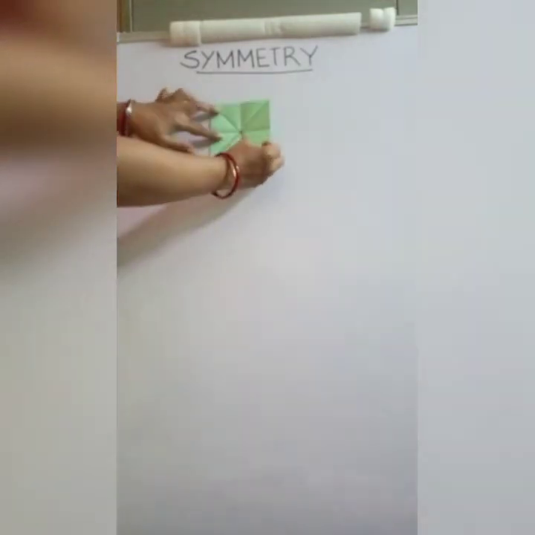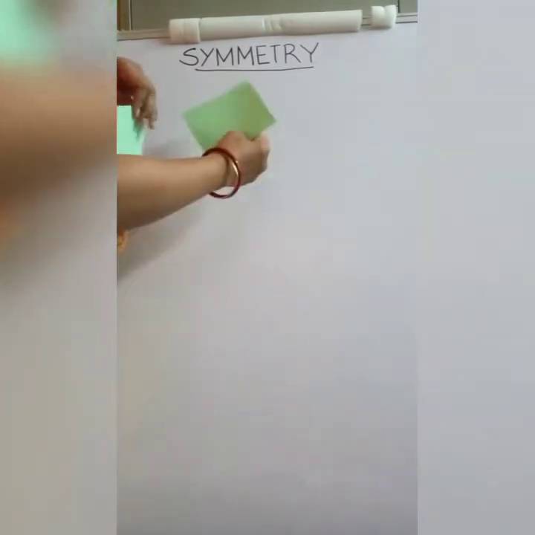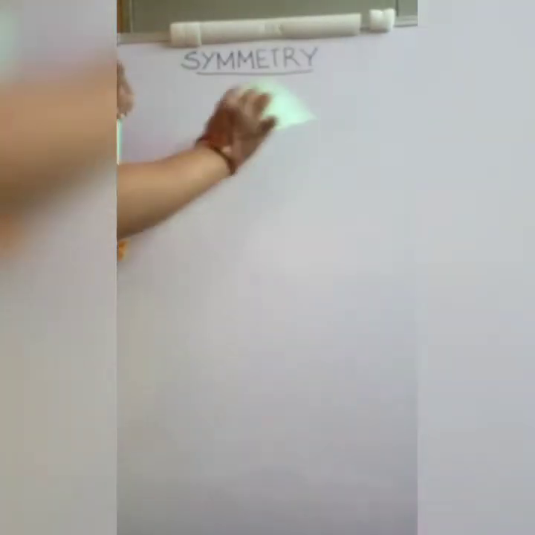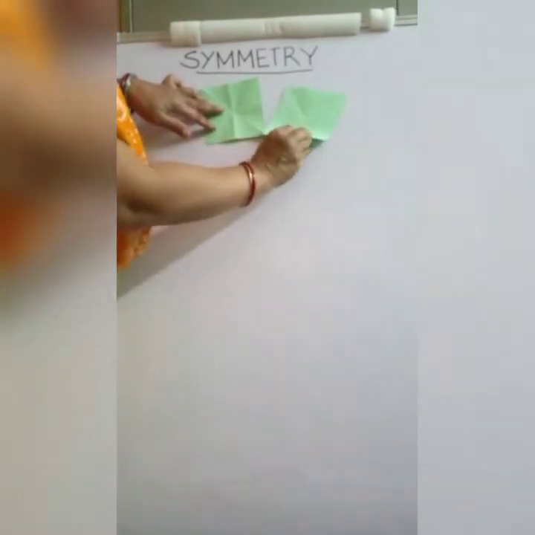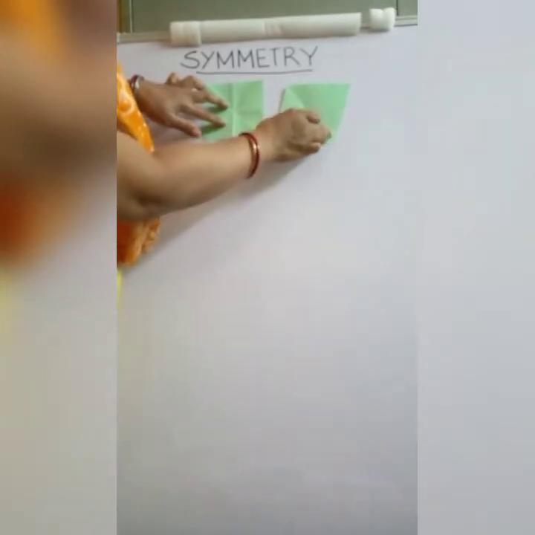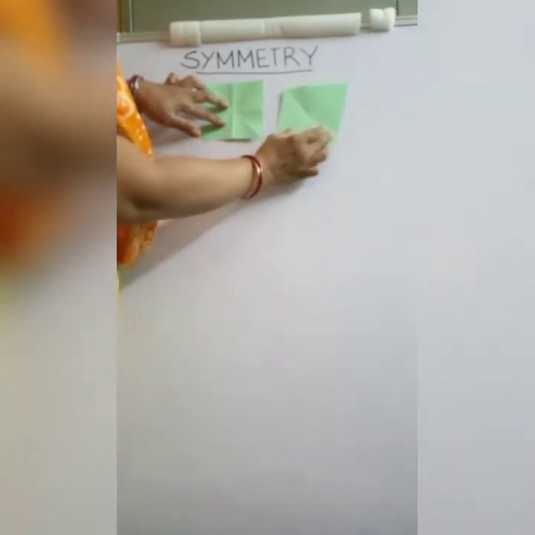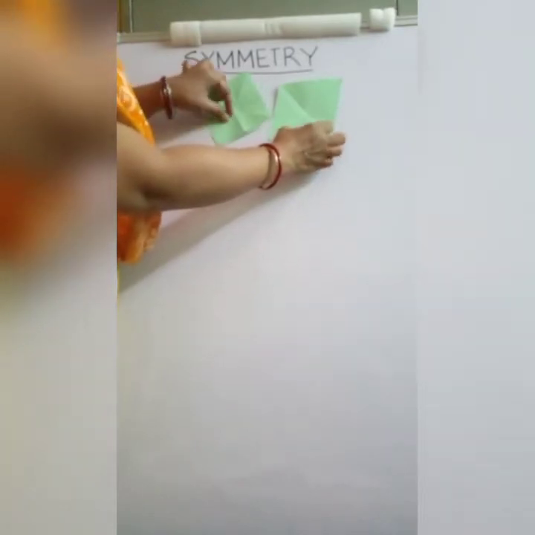Now, when we push this square a little bit, it becomes a rhombus. Rhombus has all the sides equal. See, this is a square. When we push it a little bit, it moves like this. All the sides are equal. Only this has bent a little bit.